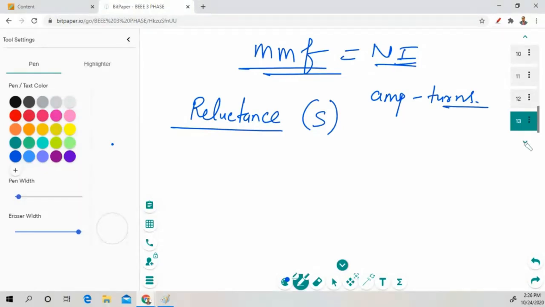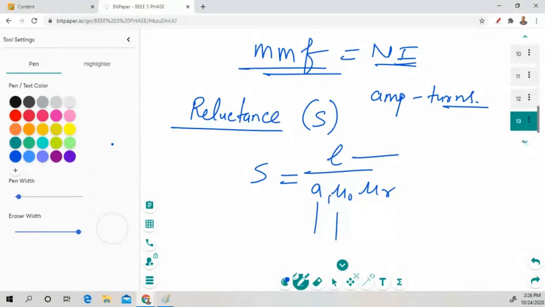When you use resistance, resistance offers opposition to the current, so reluctance offers opposition to magnetic flux. We represent reluctance as S equals L upon A times mu naught times mu R, where L is the length, A is the area, and mu naught and mu R are the permeabilities.